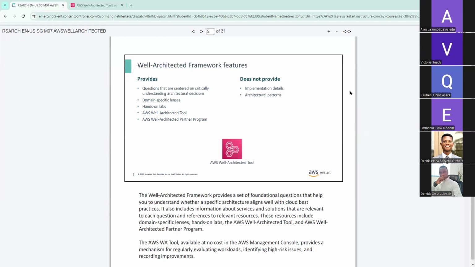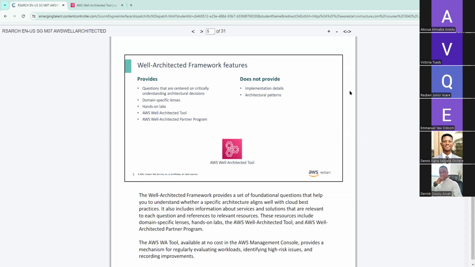The most they can see is probably you have a NAT, you have this, you have that, but they can't know the deeper details or the architectural patterns of it. That's why I mentioned that if you're comfortable, you could have somebody from the AWS partner program look at your architecture and give you those details.